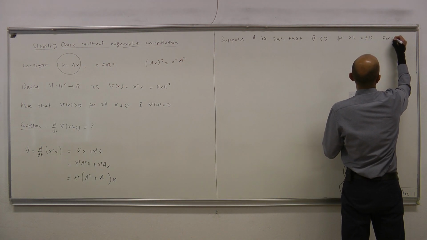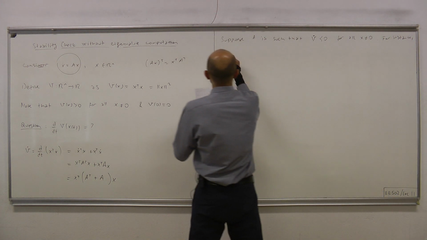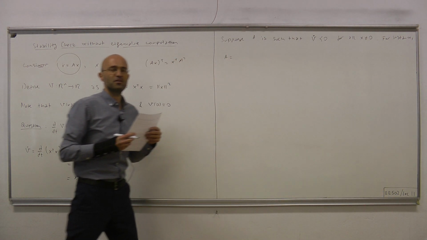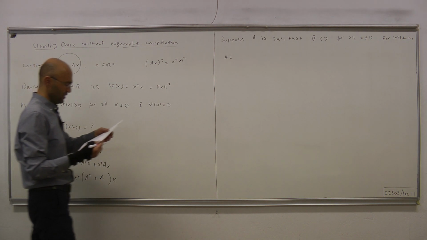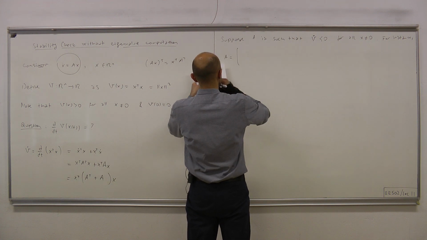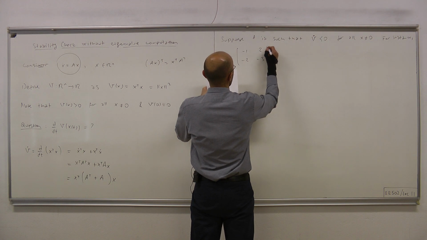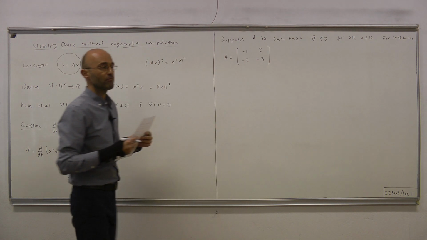Okay, here is one instance. For instance, suppose that our system is of second order, and the A matrix is -1, -2, 2, -3. Okay.